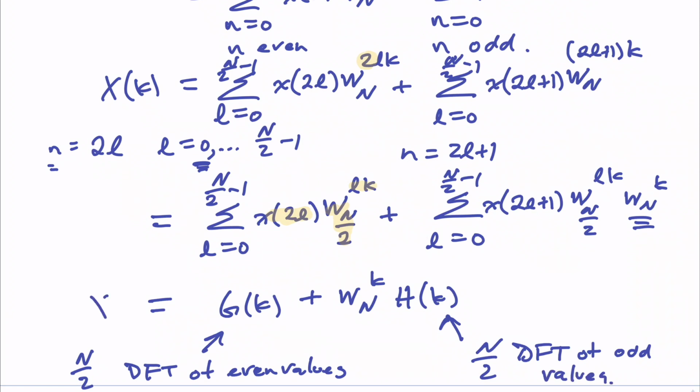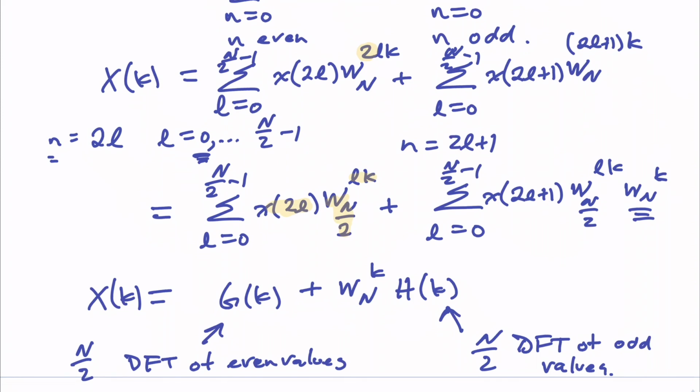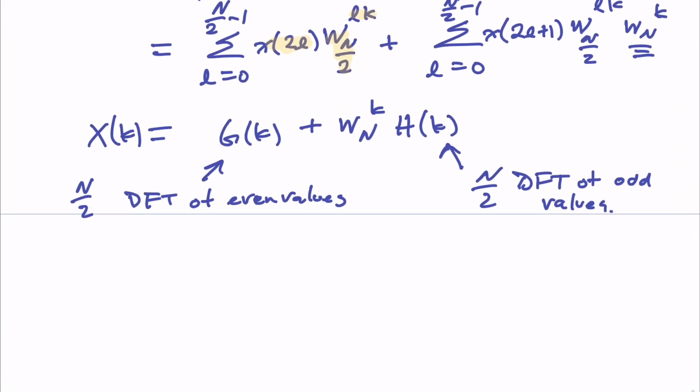All right, so that establishes the front half of the butterfly equation. Okay? So what we need next, oh, and by the way, k goes from 0 out to N over 2 minus 1. All right, so that picks up half of the k's.